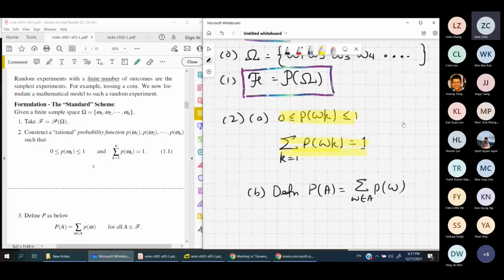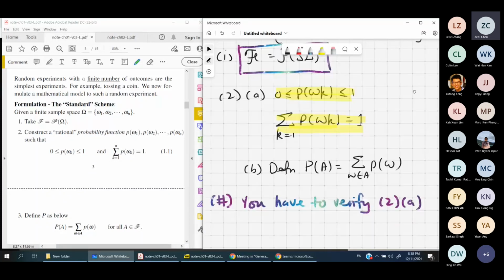So what is the important thing? We need to verify these two. This is for our first case over here.